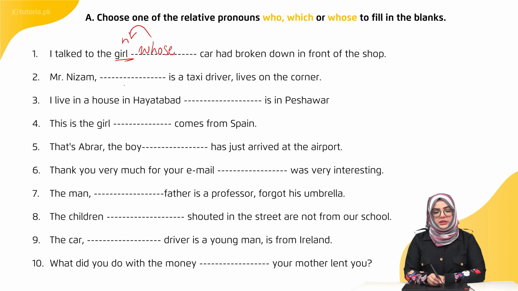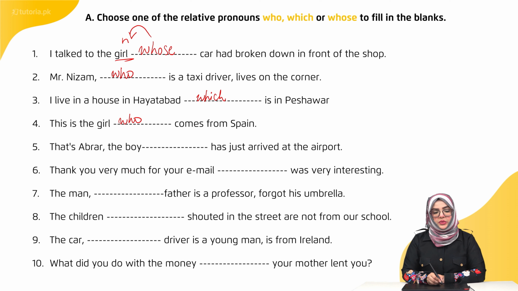Second is: Mr. Nizam dash is a taxi driver lives on the corner. Mr. Nizam, who is a taxi driver, lives on the corner. Third is: I live in a house in Hayatabad dash is in Peshawar. Which is in Peshawar. Fourth is: this is the girl dash comes from Spain. Who comes from Spain.